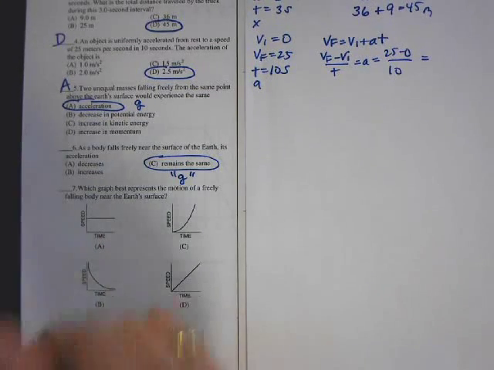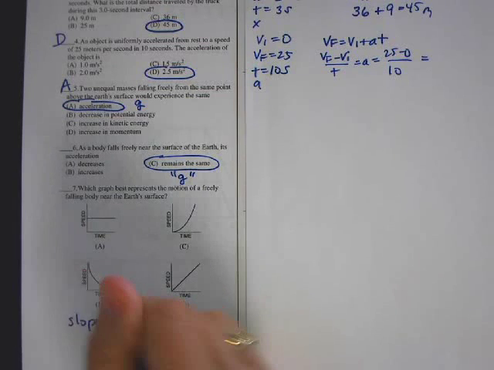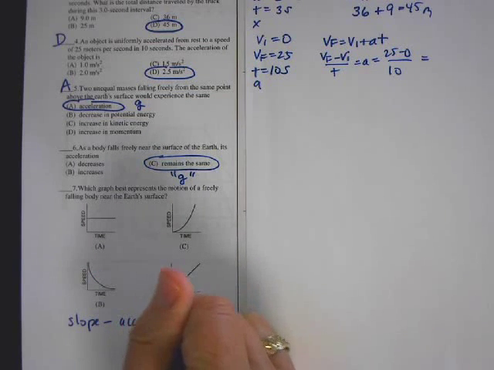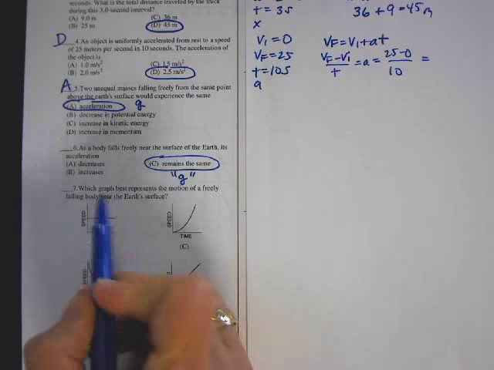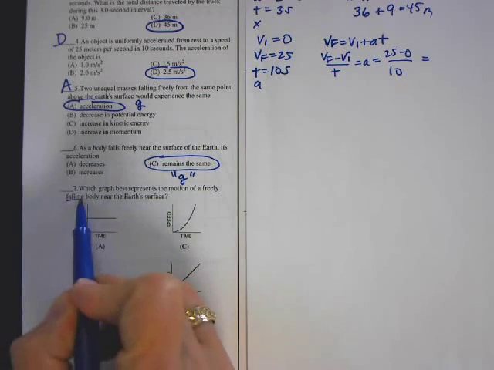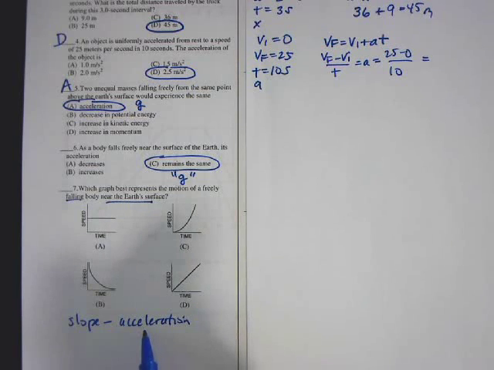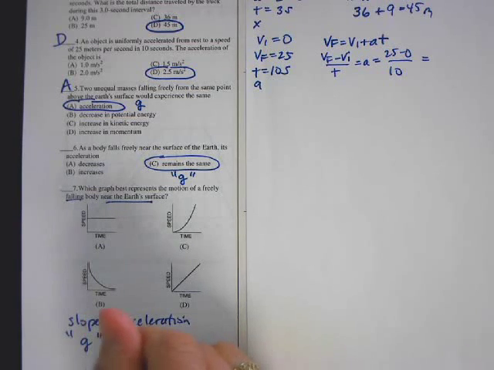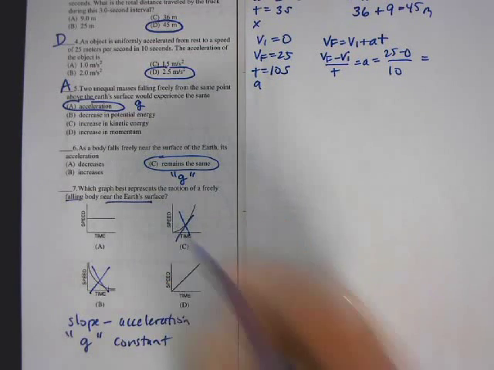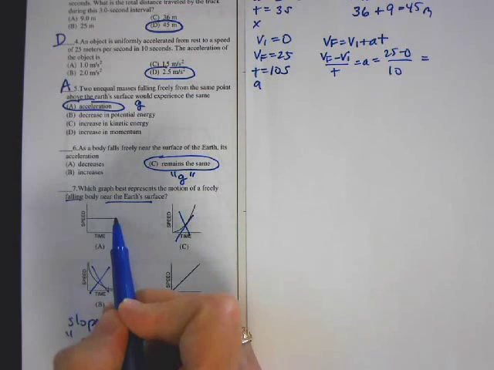Well, the slope is the acceleration, and the acceleration is going to be little g, and we know that this is going to be constant, so it has to be a straight line. So right away I'm going to eliminate my curves. This shows a constant speed. So remember, on a speed versus time graph, the slope is acceleration. This shows a zero acceleration. So this is my correct answer.